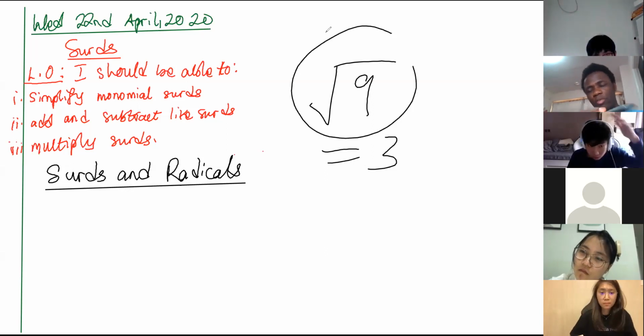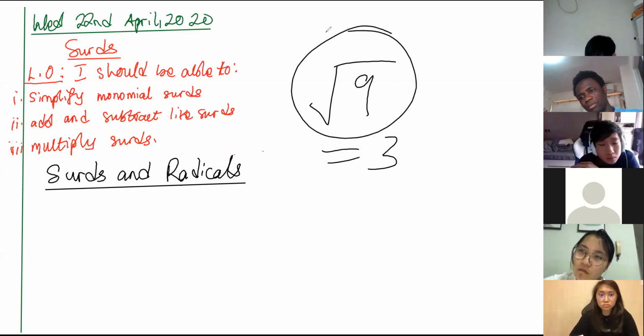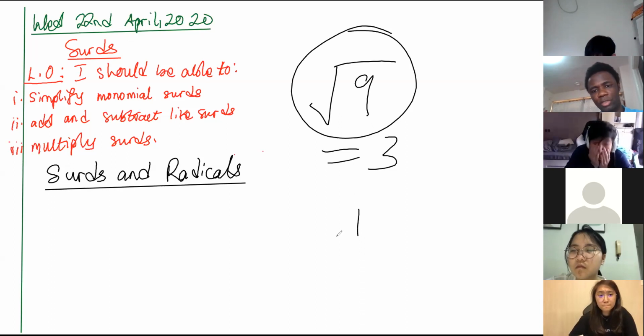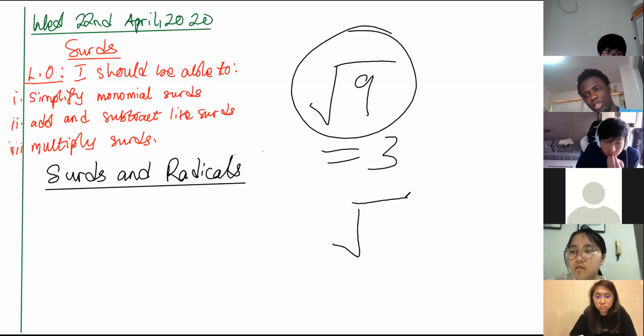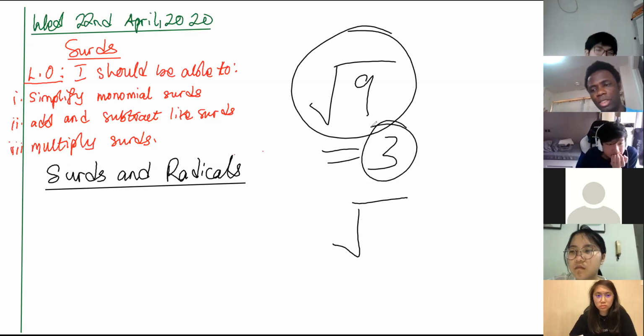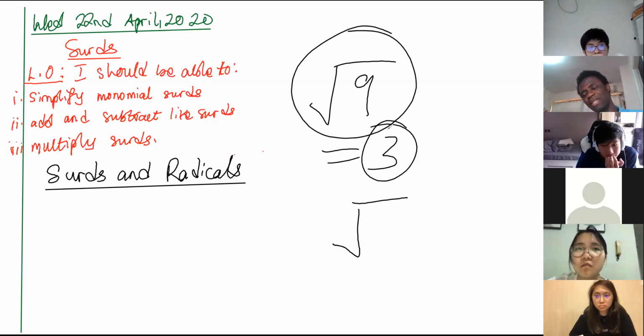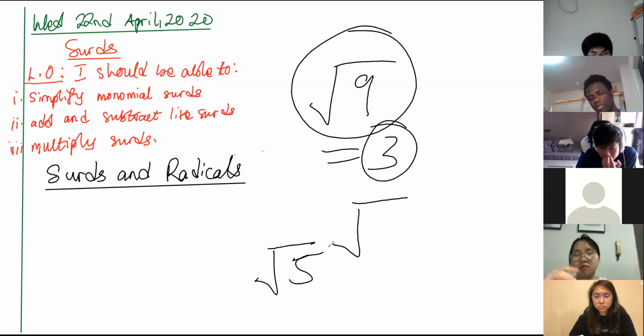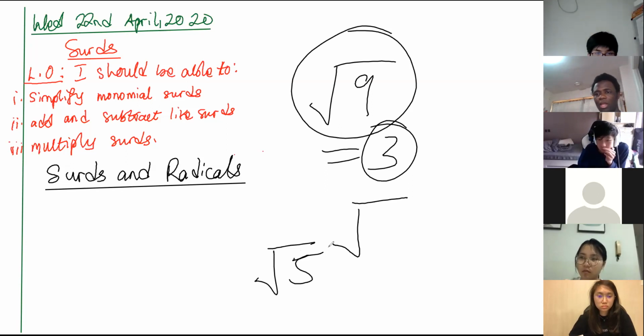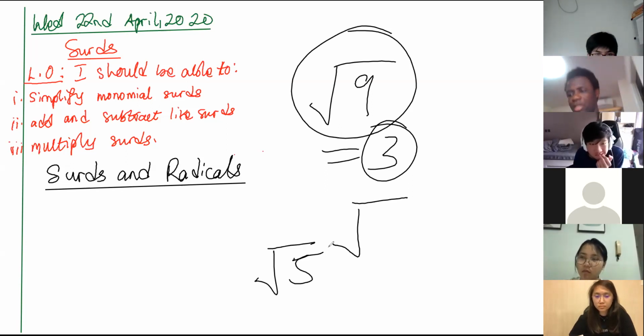But this is the radical form of a number, because you put it under the radical sign, which is the square root. It becomes a surd if you cannot express it directly as a number. So for example, square root of 5. There's no way you can express that directly. Am I making sense? So that's the difference. So any number you write under the radical sign, you can say it's a radical number.